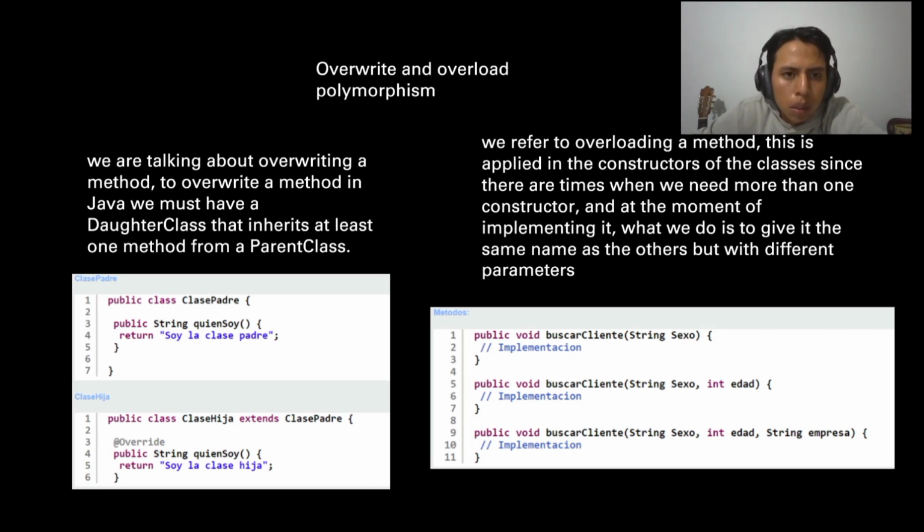In the second code, public class clase hija extends clase padre. In this part it is possible to see the inheritance in the class.